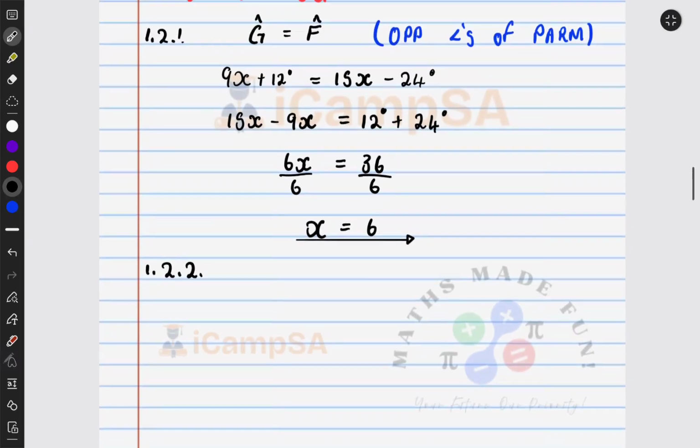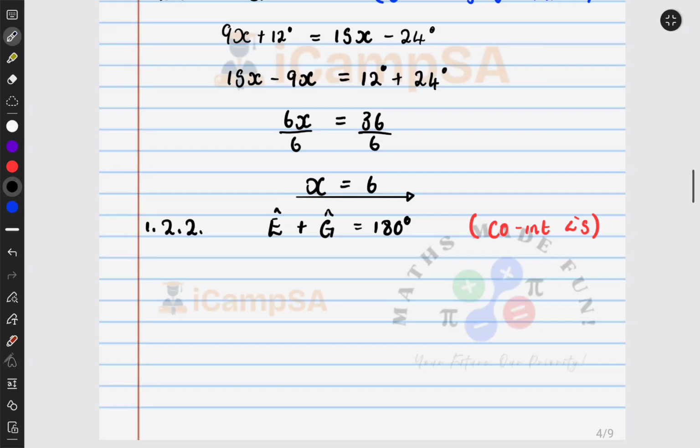So we are saying angle E plus angle G is equal to 180 degrees, and the reason is co-interior angles of a parallelogram. We can include that.